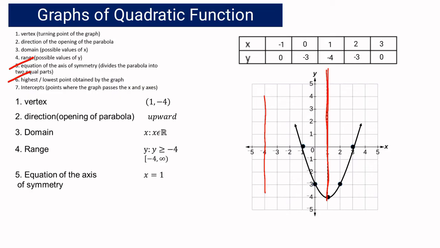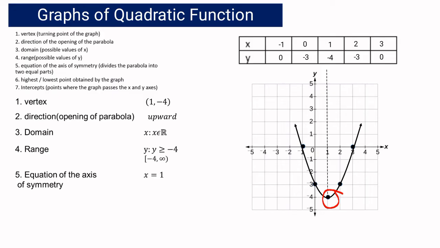Now let us proceed with the highest point and the lowest point. The point that we are talking about here has something to do with our vertex. Now, here is our vertex. Is our vertex here the lowest point or the highest point? Okay, so obviously the vertex here is the lowest point. In our parabola, this is our lowest point.